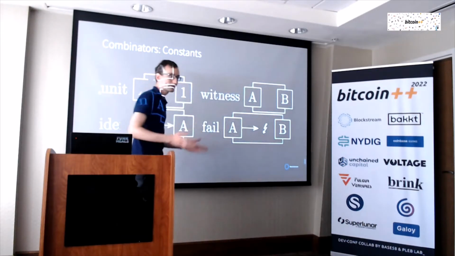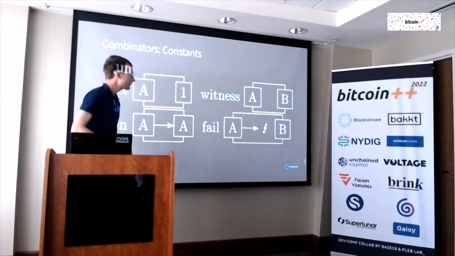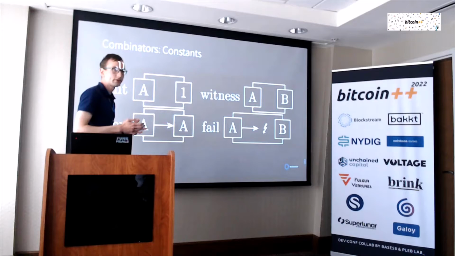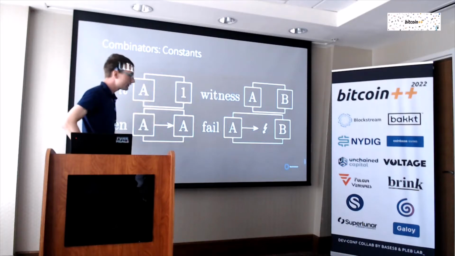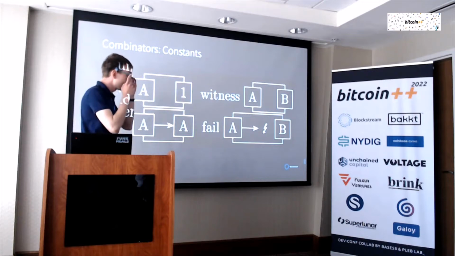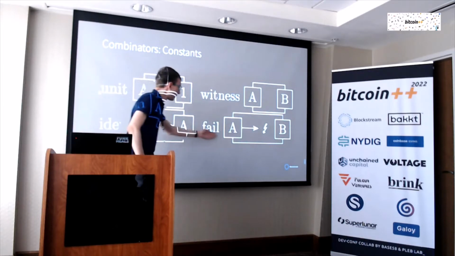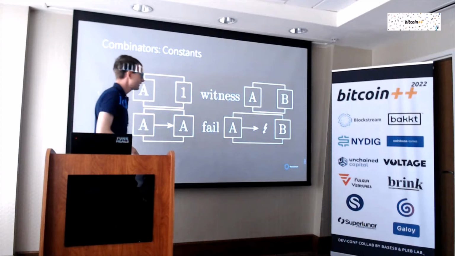And that might seem silly, but then we remember that often we want our program to fail, given certain conditions, and there are kind of if statements in Simplicity. We want it to fail, and then we can use this fail operator to realize that.